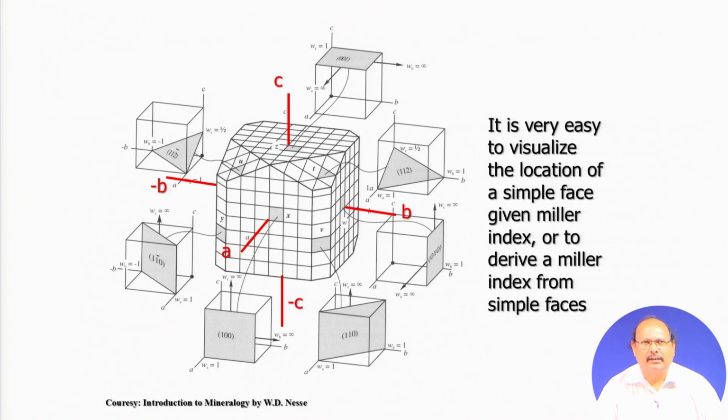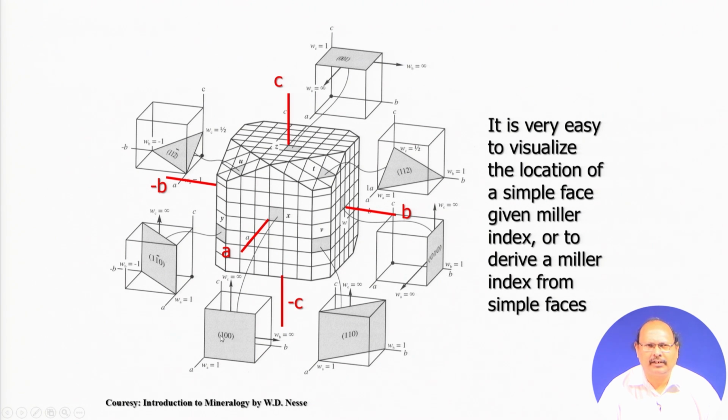Now, this can be further understood if we talk about this 3-dimensional crystal where a variety of faces are there. What you have here is this face here, as I already told you, this face is perpendicular to the A crystallographic axis, that is, it intersected the A crystallographic axis. So, this plane here is parallel to B and parallel to C. So, immediately in the position of B and C, there will be 0.